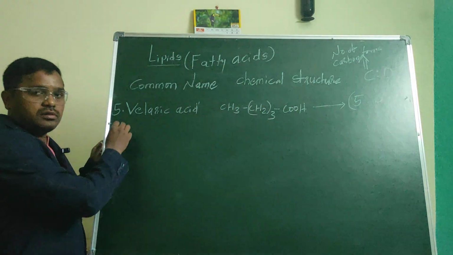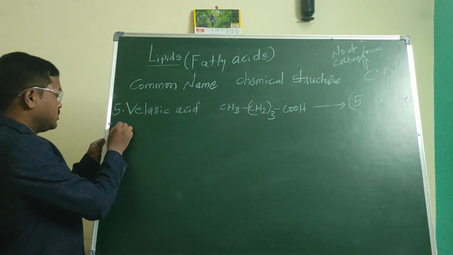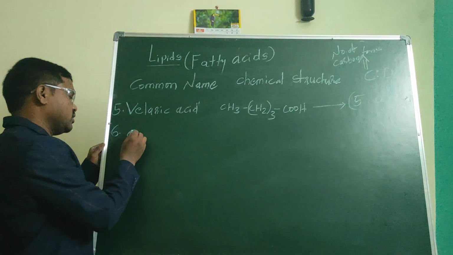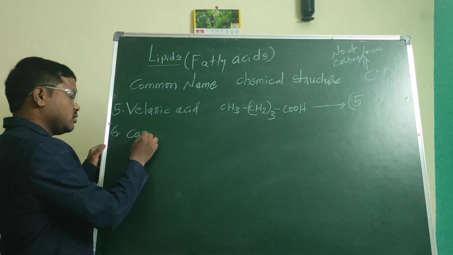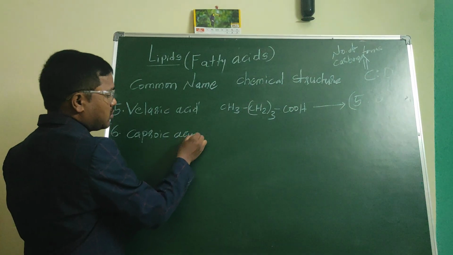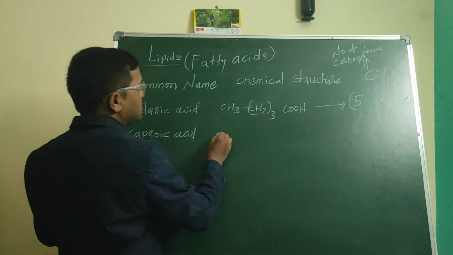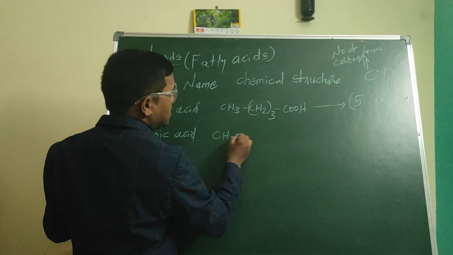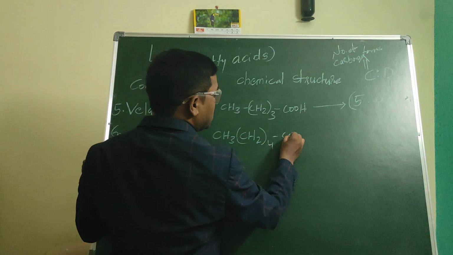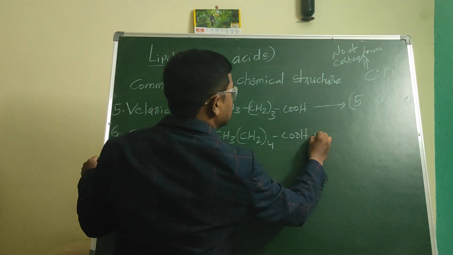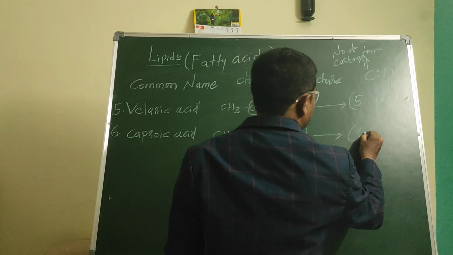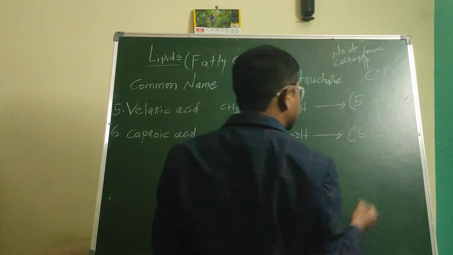Next, caproic acid, CH3(CH2)4COOH. Number of carbon atoms is 6.